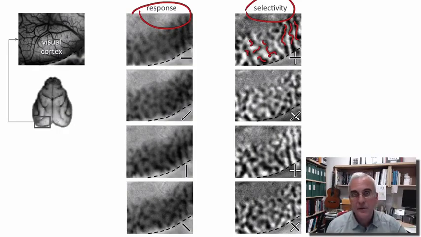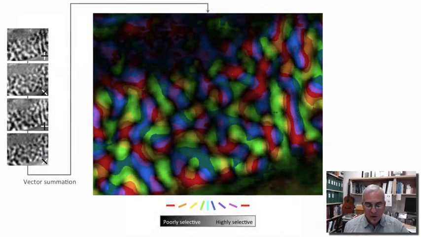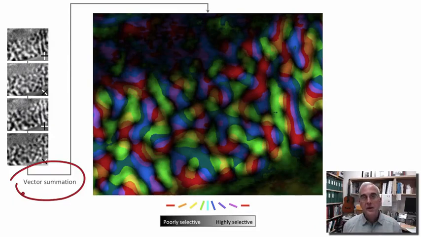Well, these data can be combined in different ways, and one way that we like to combine them is via an image processing routine called vector summation that allows us to assign a color to every pixel in the visual cortex. And the color of that pixel is now indicative of what is the best orientation that drives that location in the visual space map.